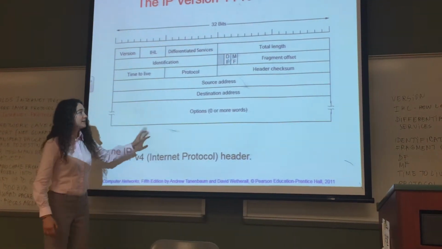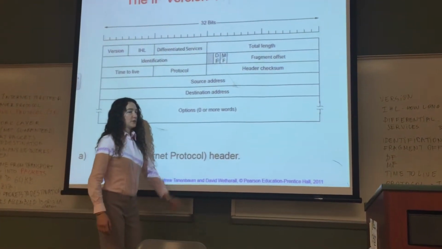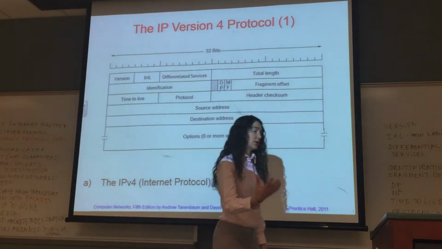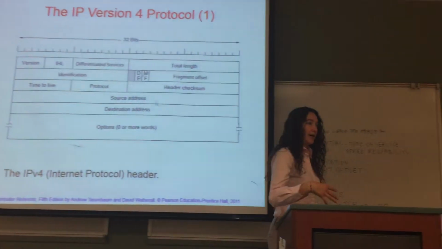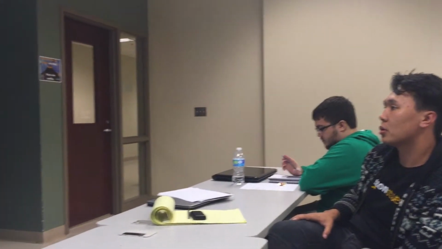The same thing here: it's a package, and this is the label. This is the sender, this is the receiver. So the destination address is written on top of the package, and then the package is underneath.